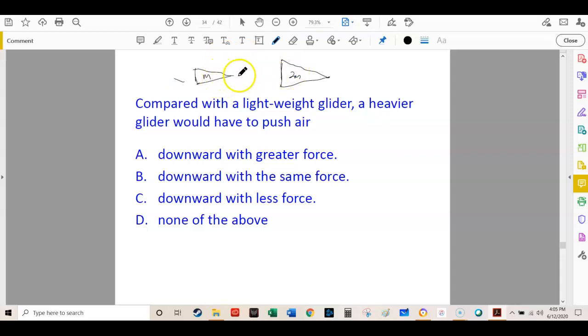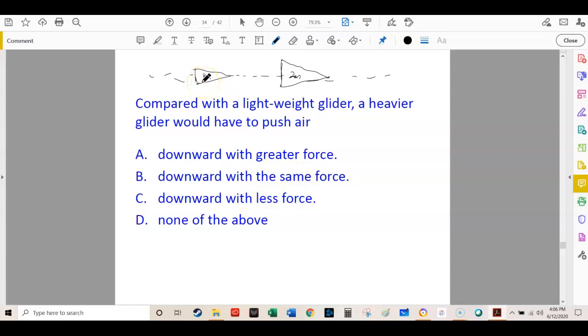In order for them both to maintain the same elevation, compare the amount of downward force by the light glider to the heavy glider. What do you think? Will the heavier glider have to push air downward with a greater force, the same force, or a lesser force than the one mass object?